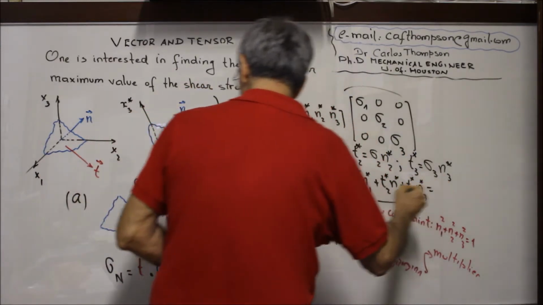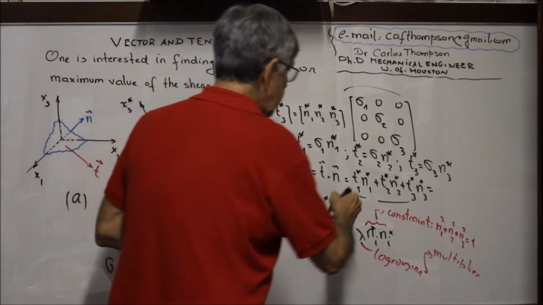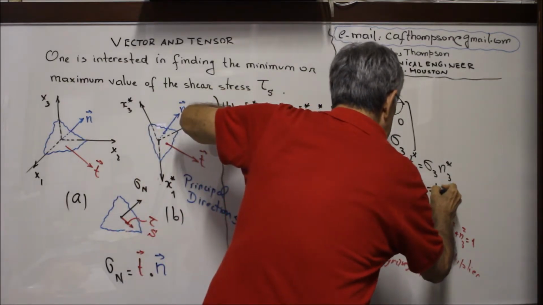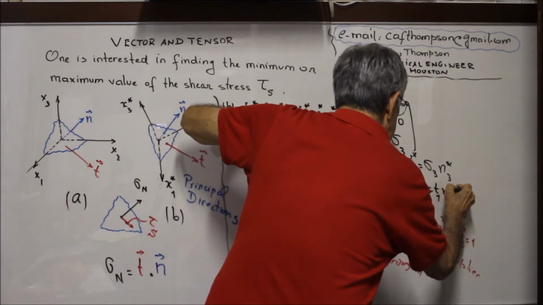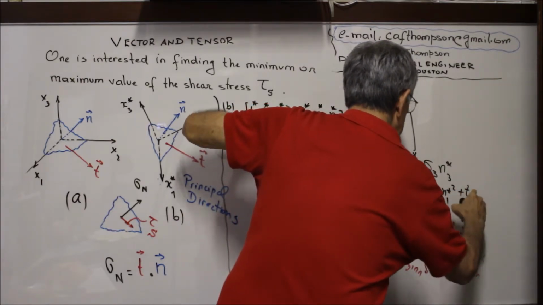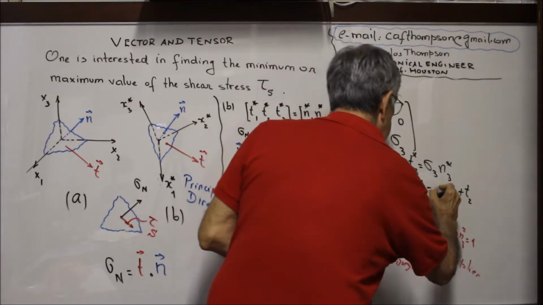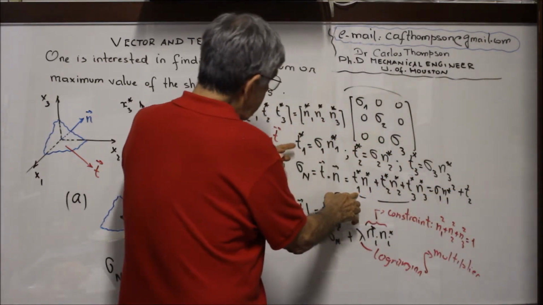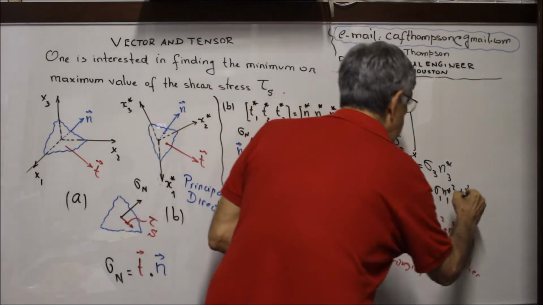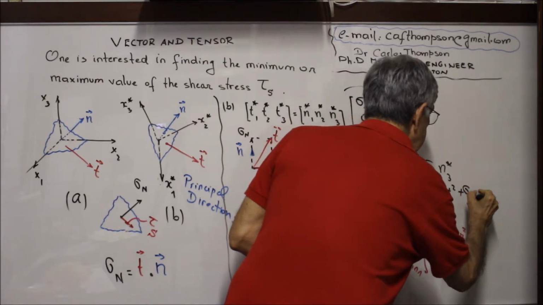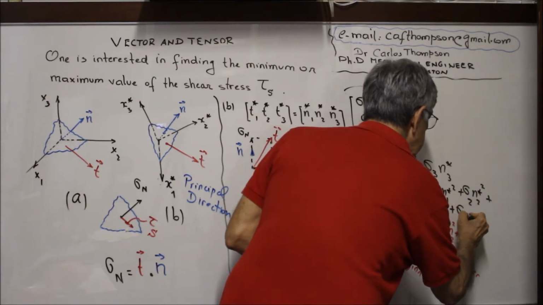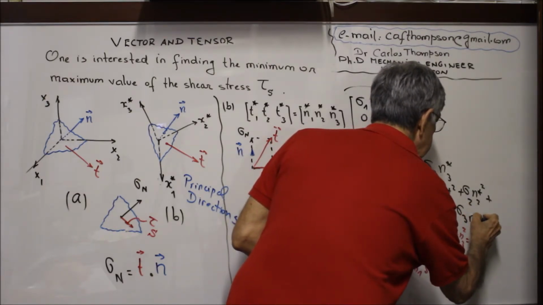T1 is sigma 1 n1, so this will be (sigma 1 n1 asterisk) squared plus (sigma 2 n2) squared plus (sigma 3 n3) squared.